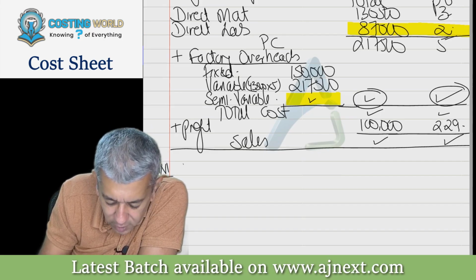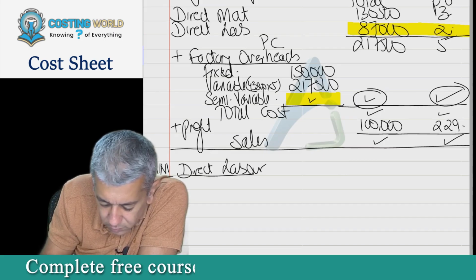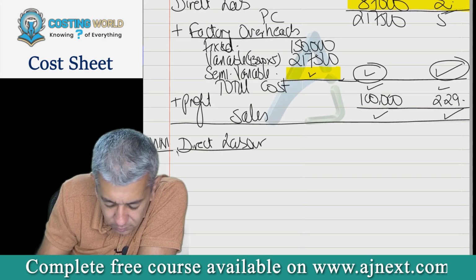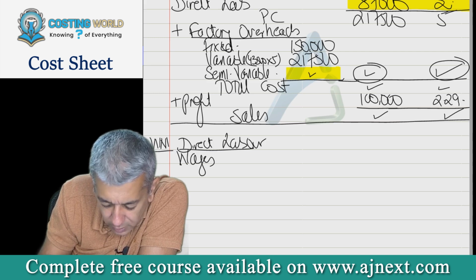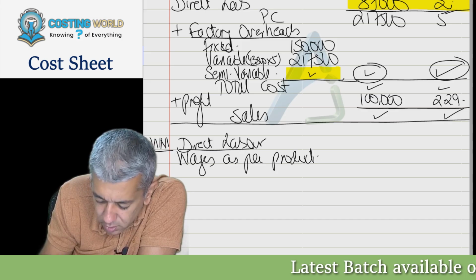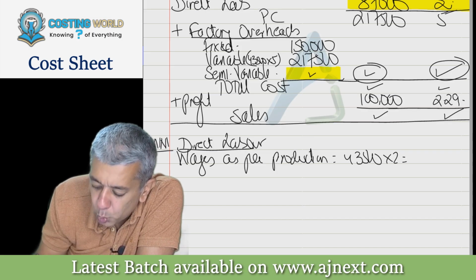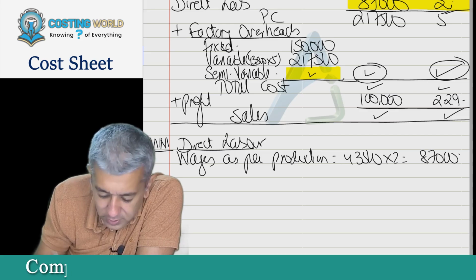Write down over here working note 1, direct labor. Wages as per production: 43,500 into 2, 87,000.